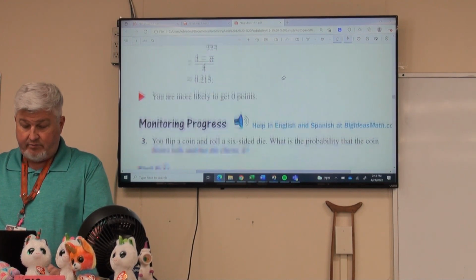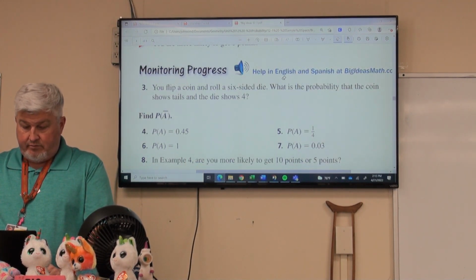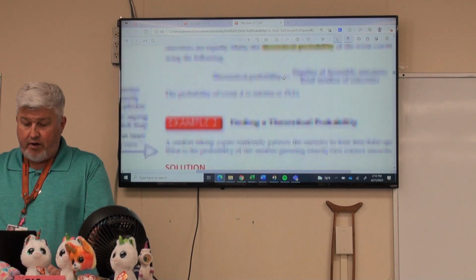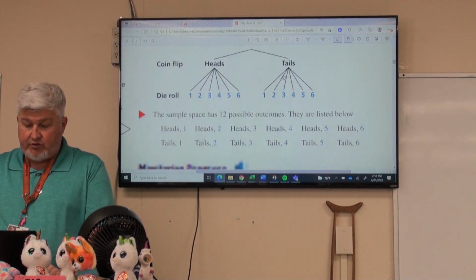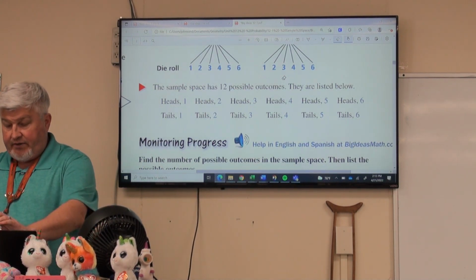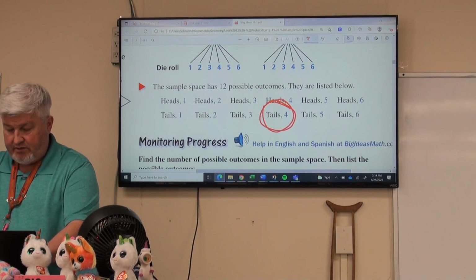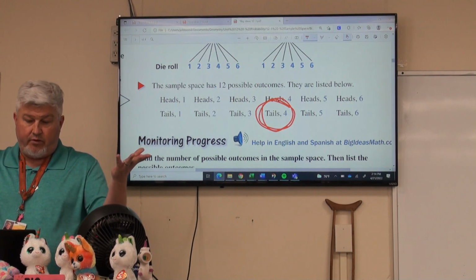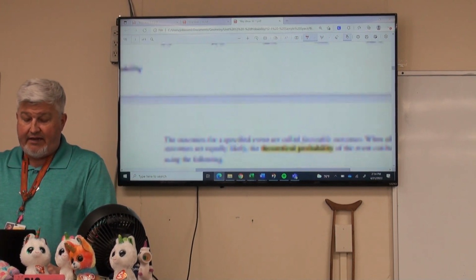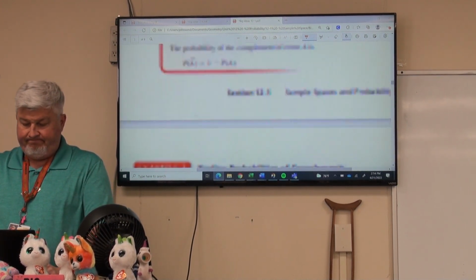Is that right? Yep, tails and the die shows 4. So if you go back up here to that list of the 12 possibilities, there is only one time where that occurs, where you have tails and a 4. So your probability of that is 1 out of 12.